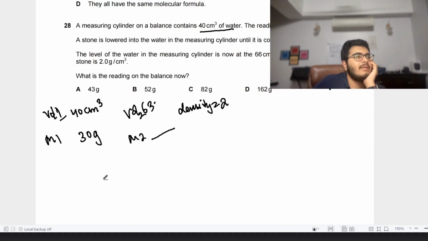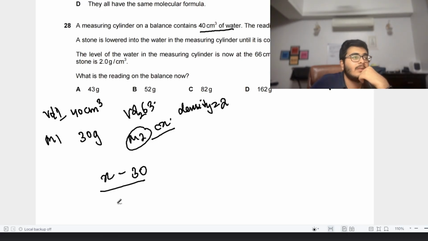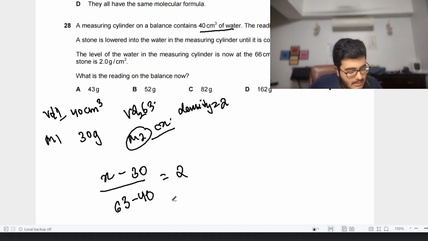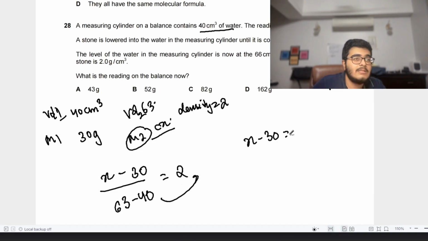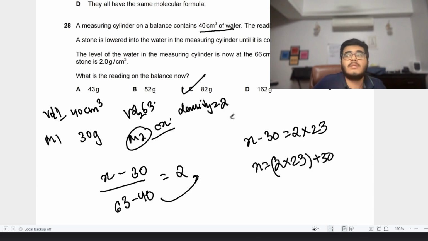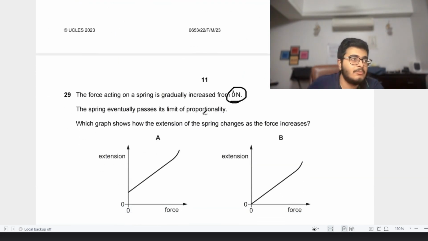Let's take mass 2 to be x. x minus the original mass, over the new volume minus the original volume, gives us the density. 63 minus 40 is 23. So x minus 30 is 2 into 23. x will be 2 into 23 plus 30, which gives you 82 grams. I hope this question is clear to you.